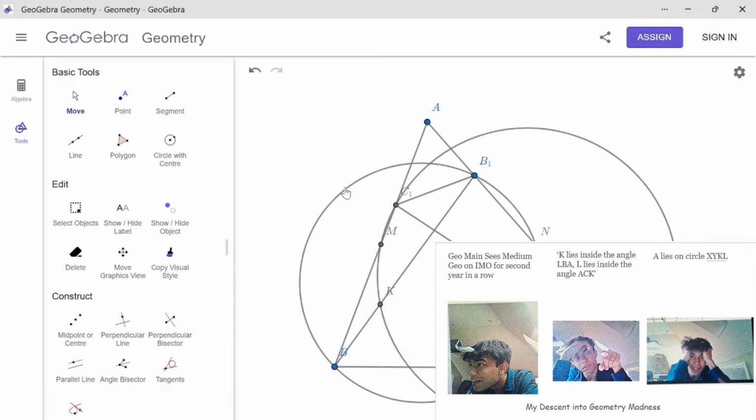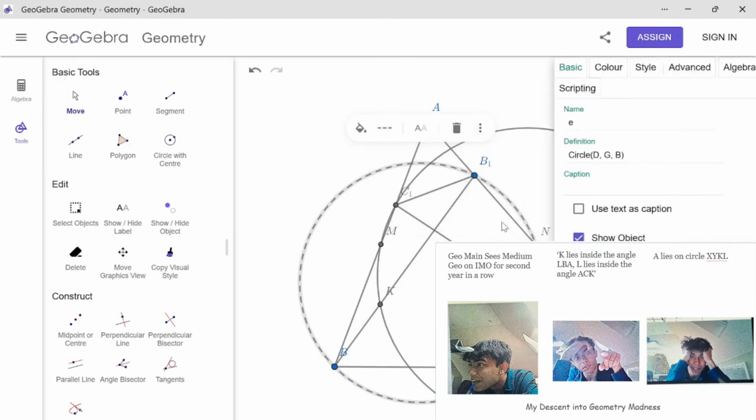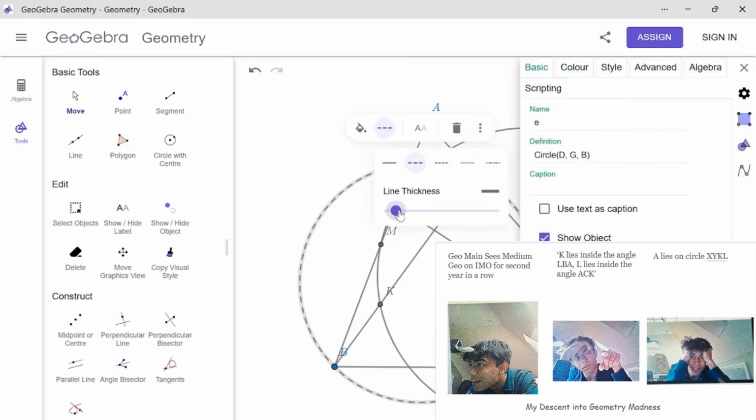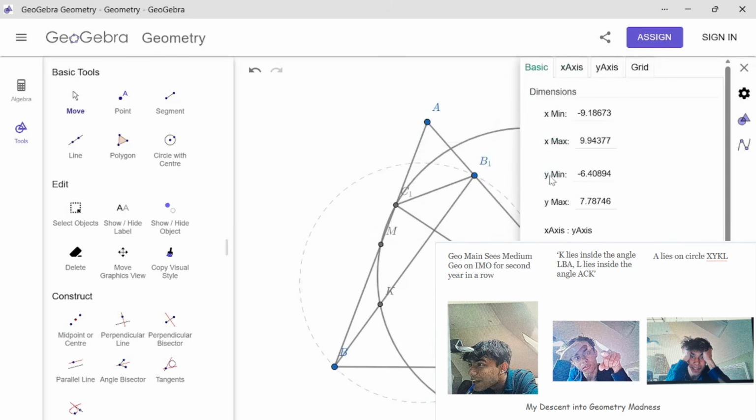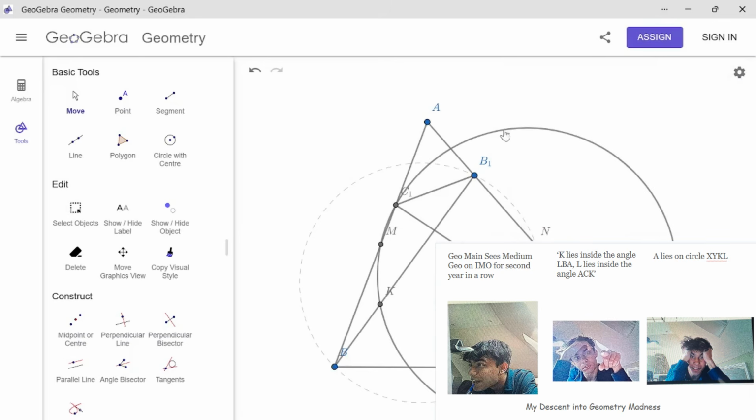And I'll keep this kind of faint, like dotted, this thing, line thickness, like that. Kind of like there, but not prominent. Yeah, fine. And then I'll do the same for the other circle.